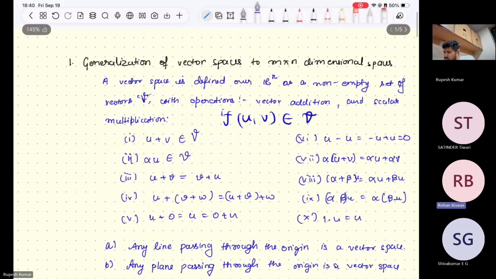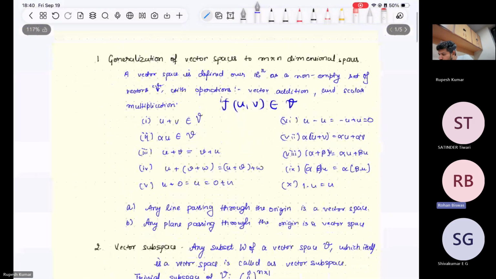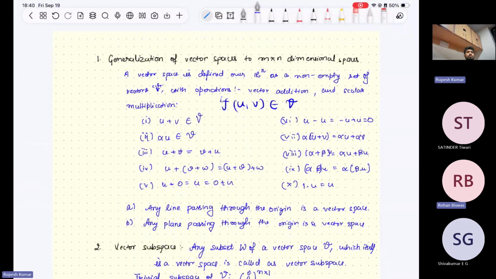No, but if you multiply it with a negative scalar, it will take you to a negative vector, which is not present. So it will lack the closure property of scalar multiplication. Yes, that I have understood, because negative will not come. But that option is also correct.